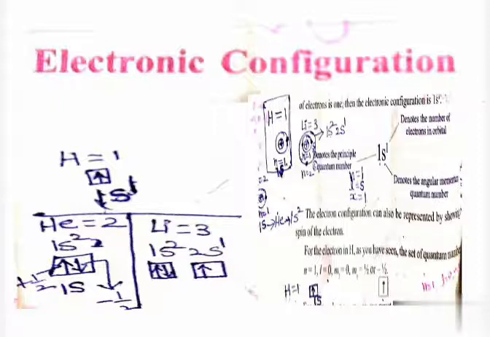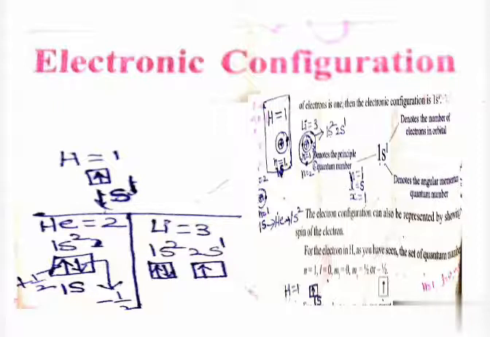So in 9th class we learned the arrangement of electrons in the orbitals. Here I have written hydrogen, H equals 1: the nucleus in the middle and the N equals 1 shell. In that, one electron we keep with a dot symbol. Next, helium, atomic number 2: the nucleus in the middle, and 2 electrons we keep in the first shell, that is the N equals 1 shell.